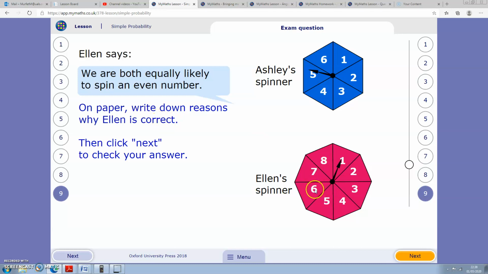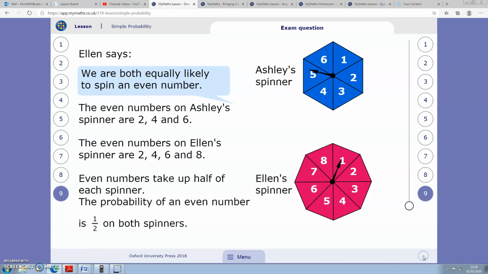What about Ellen's spinner? 2, 4, 6, 8. I've got 4 even numbers out of 8. And again, if I simplify 4 out of 8, hopefully you're screaming at the screen to say that's a half. So the probability of an even number is 1/2 on both spinners.